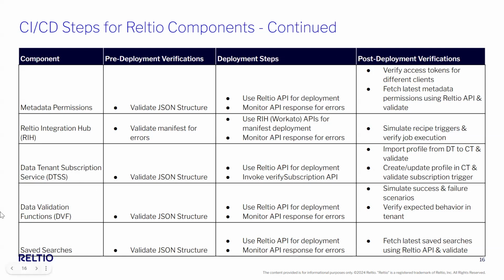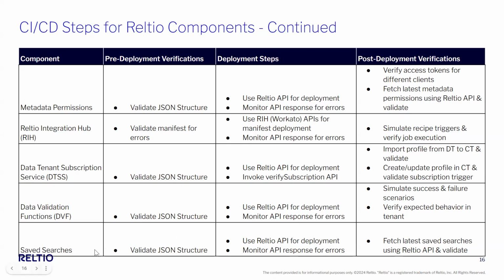For data validation functions, again a JSON component, pre-deployment verification is the same. You can use the DVF APIs for deployment. In terms of post-deployment, you can simulate the success and failure scenarios for the DVF and check if the errors are thrown correctly. So that's about DVF.